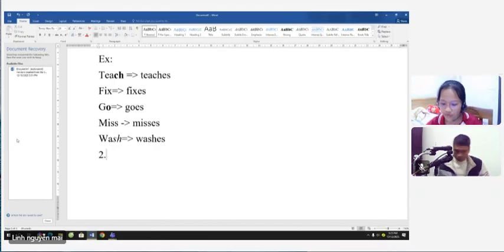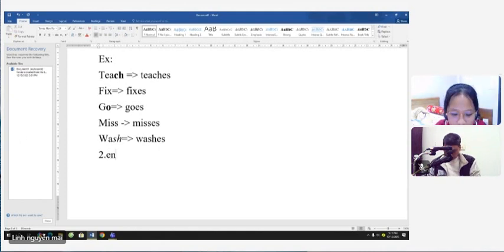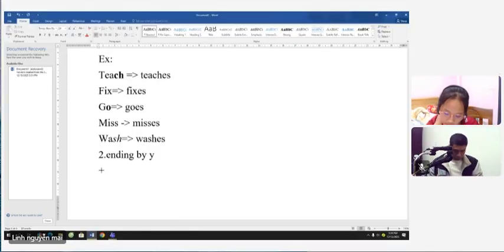The second one, we will learn about the verb that ends in y. Okay, so here we have two types. The first one, if before the y there is a consonant, we change the y to i and then put es.